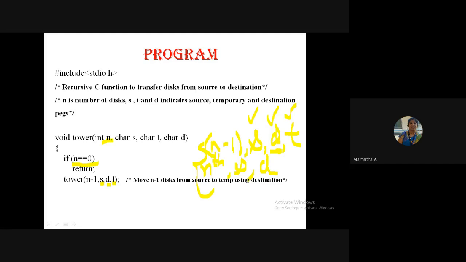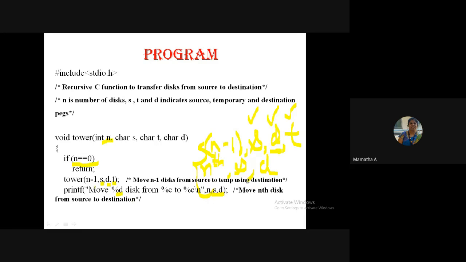I told you here we cannot simulate and show, so we are printing it. Observe here: printf, move disk %d from %c to %c. What is %d here? N, the nth disk. From source to destination. Clear, students? Yes, ma'am.